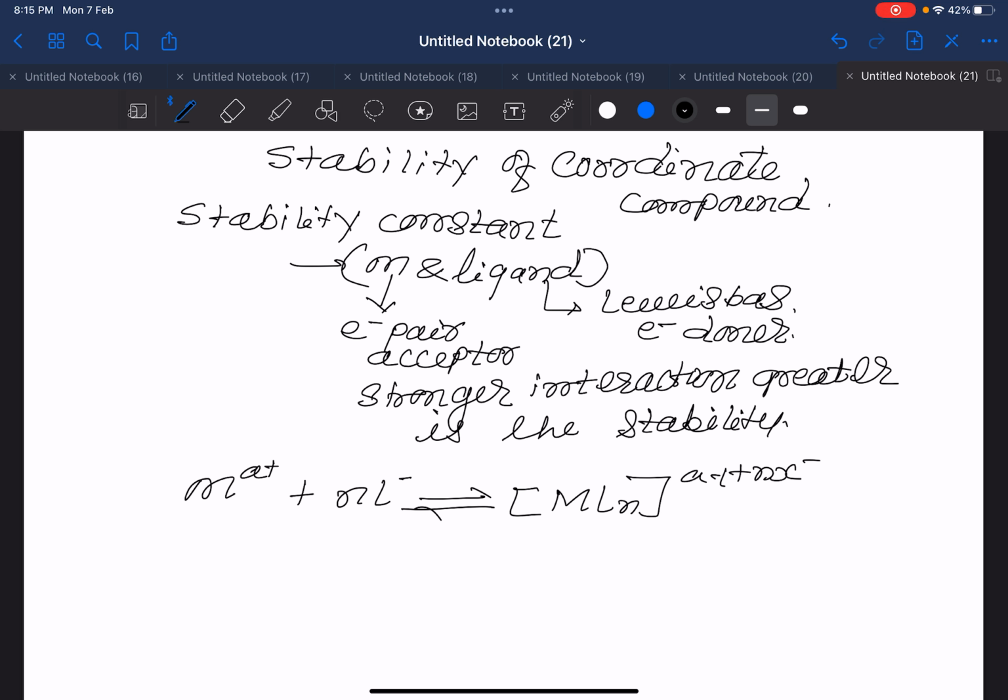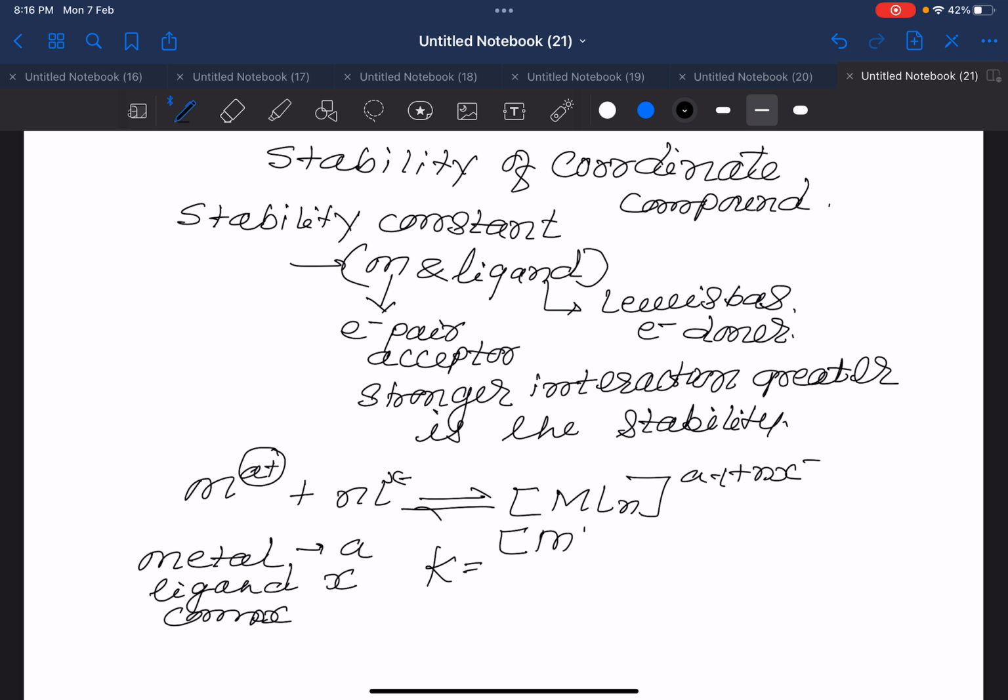Okay, where these A, B and X denote the charges on the metal, ligand and complex. ठीक है, तो हम लोग ये लेंगे at equilibrium we can write down this reaction.